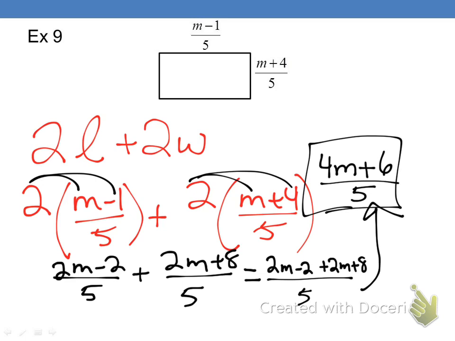Now, as you get better at this, maybe this step isn't going to be crucial for you to write out. Did some of you feel like you wanted to go straight from here to here? That's fine. Once you start seeing where these are coming from, you're good. Questions?